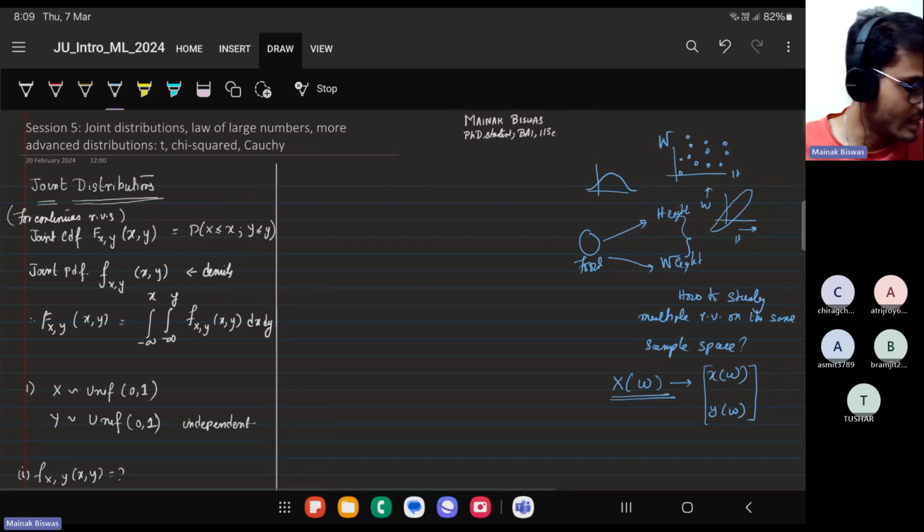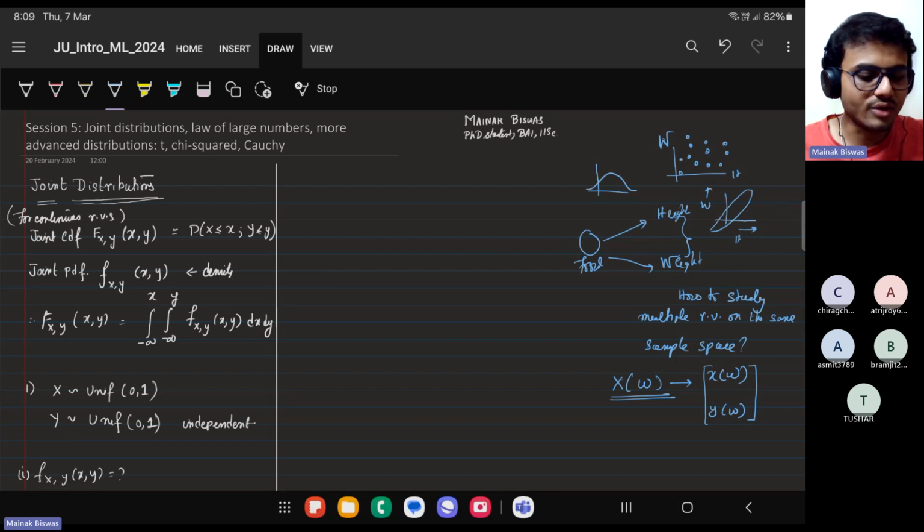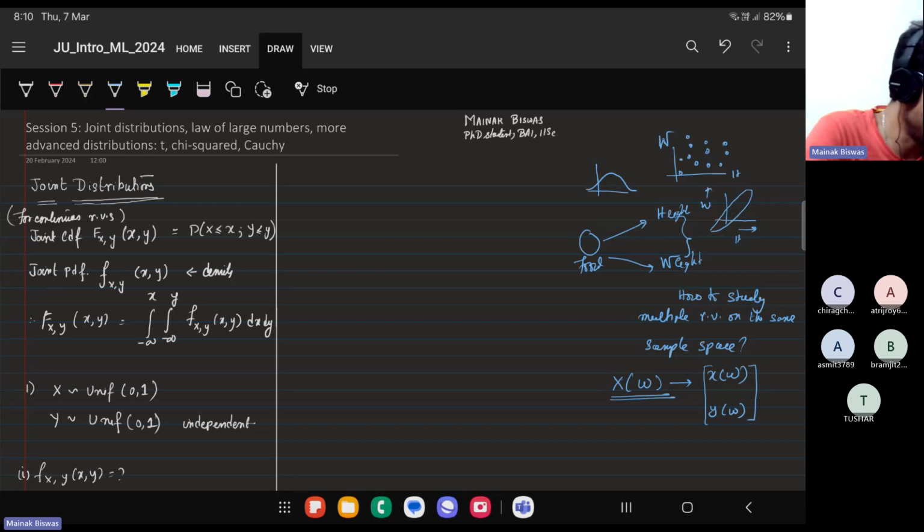If that is clear, let us start with something known as the joint distribution. What would the definition of a joint distribution look like? I have already told you that distributions, that is CDFs, can always exist, but PDFs need not exist. So the CDF of a joint distribution will solve a few questions.